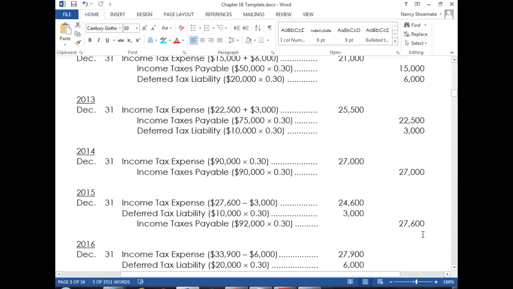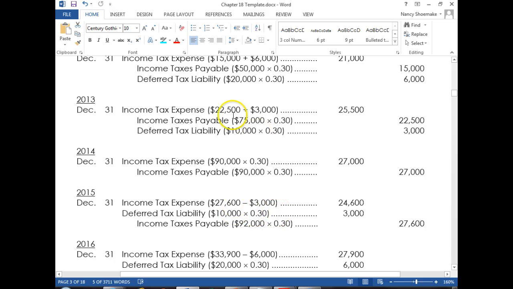So what else are we going to do? Our income tax expense is going to be the $27,600 minus this previously deferred tax liability of $3,000.